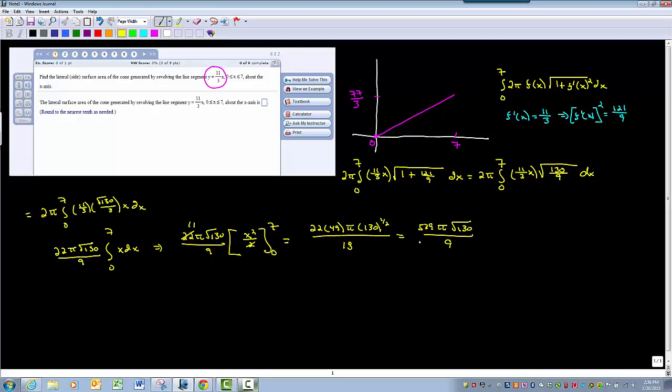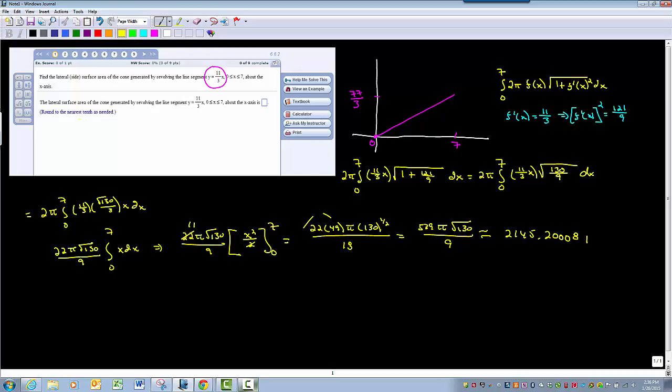So this is as a decimal. Let me go ahead and calculate this out. I think I'm getting approximately 2,145.20008.